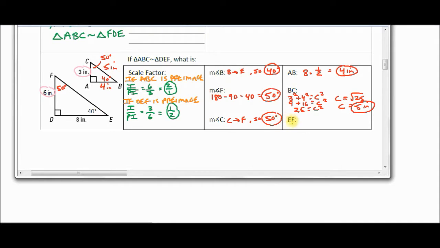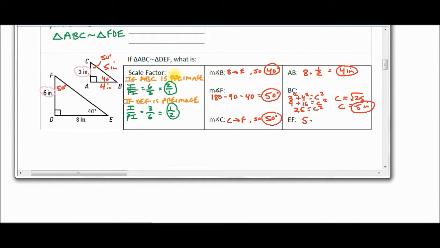Last question is, what's the measure of EF? Well, EF, take a look at your similarity statement. EF matches up with BC. BC is 5. So to find EF, we're going to take 5. Now what are we going to multiply it by? Well, BC comes from the smaller triangle ABC.